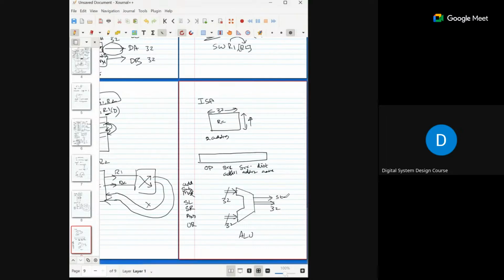I don't want to go into too much detail here because you can study these things in computer architecture. What is inside? How will the ALU compute? If I give data 1 and data 2, how will the ALU compute addition, subtraction, multiplication, or division?